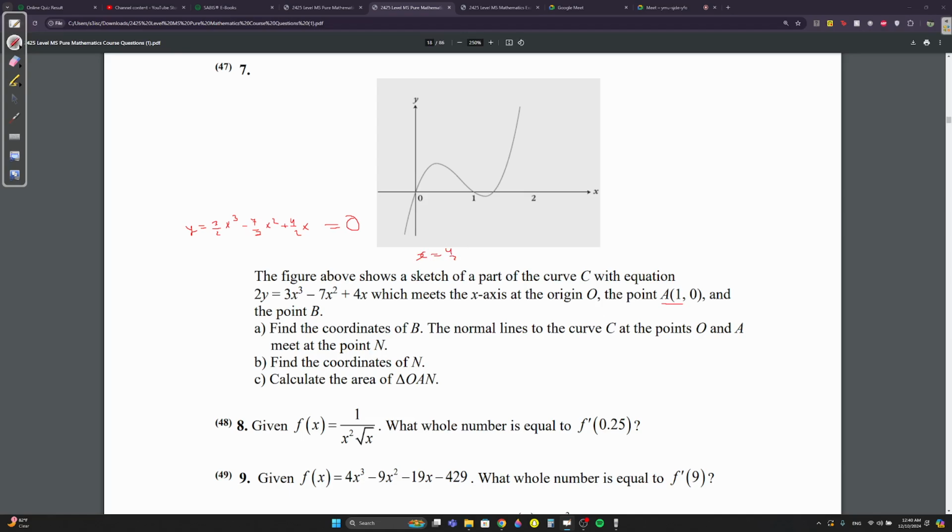But they said the point. They want the y as well. So we just take 4 over 3 and we substitute it into our equation.